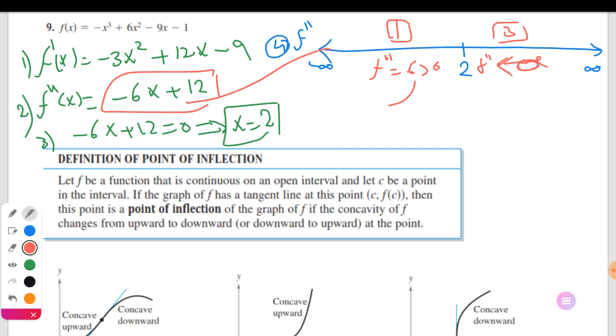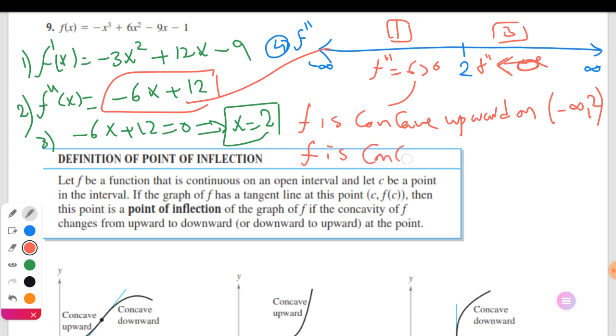So in this case, f is concave upward on the interval on which the second derivative is greater than 0, which is negative infinity to 2. f is concave downward on 2 to infinity.